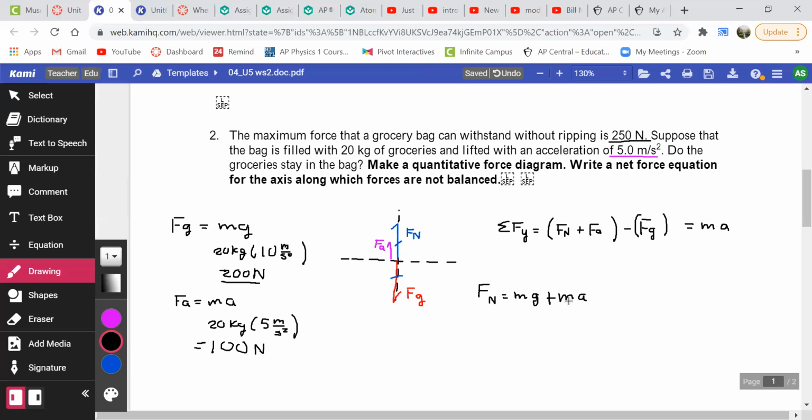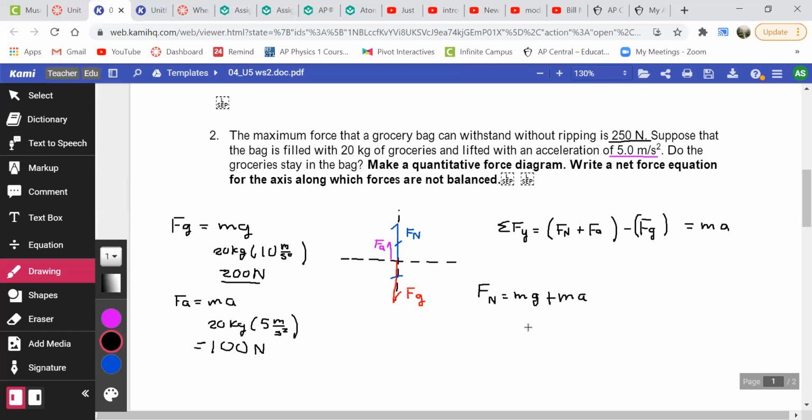And if that applied force is greater than 50, because gravity is already pulling down with 200 newtons, then the bag rips, because inertia states that those objects don't want to move and they're going to resist it. And if they resist hard enough, the bag can't withstand that resistance and you will see it rip.